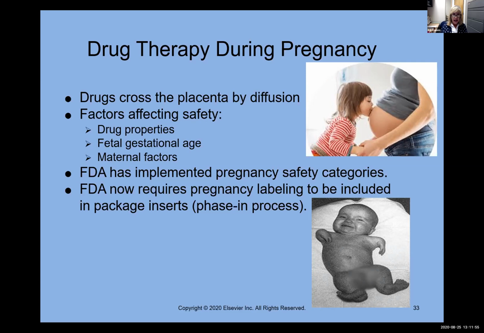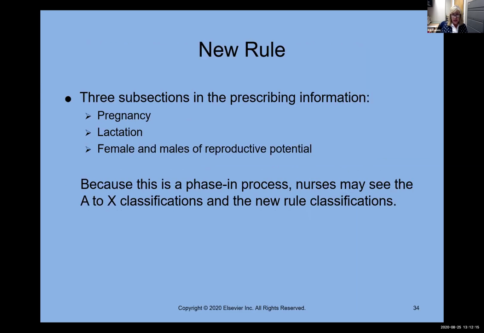But now we have the FDA in place that regulates the medications, and they require that all packagers put in those medications how it will impact fetal development. And so there are 2 different systems that actually are in place right now.